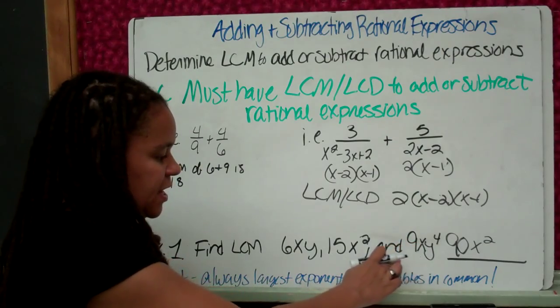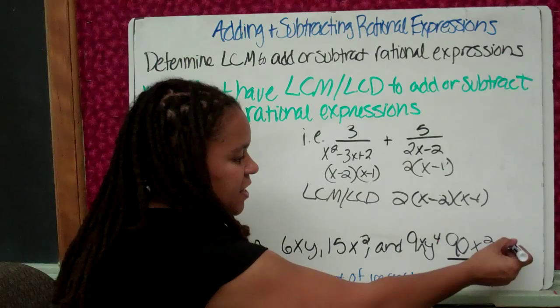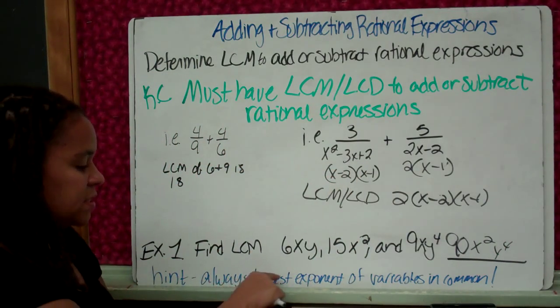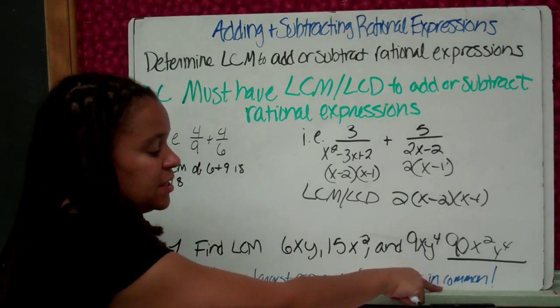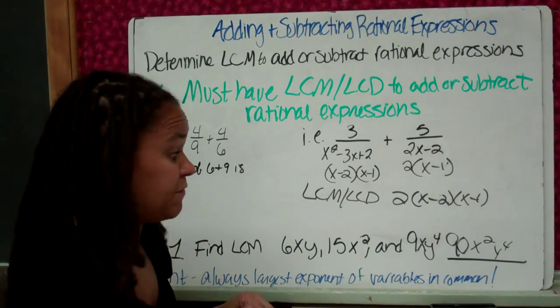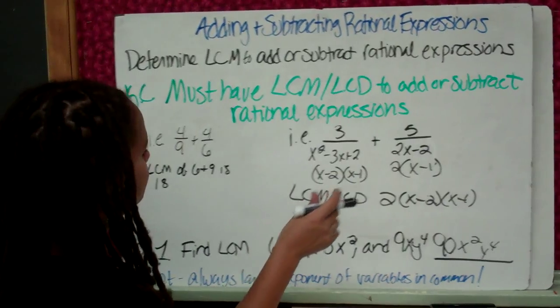And then for the y's, I have a 4, I have none there, and I have 1 here. So I have to have at least 4 so that this one can fit in. A little hint: it's always the largest exponent of the variables that they have in common. So if there's a y and a y to the fourth, it's going to be the larger exponent, the y to the fourth.